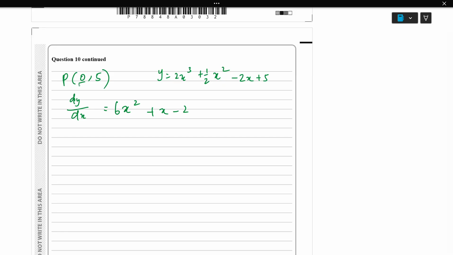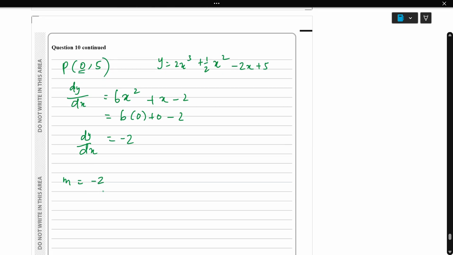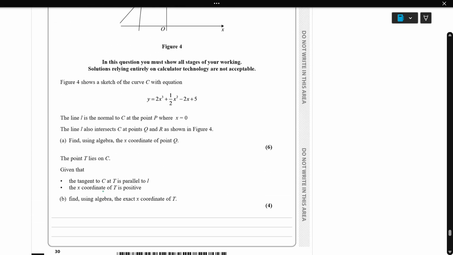Now at x equal to 0, plug in x equal to 0 here: 6 times 0 plus 0 minus 2, so minus 2. So the gradient dy by dx equals minus 2. So we got m equal to minus 2.